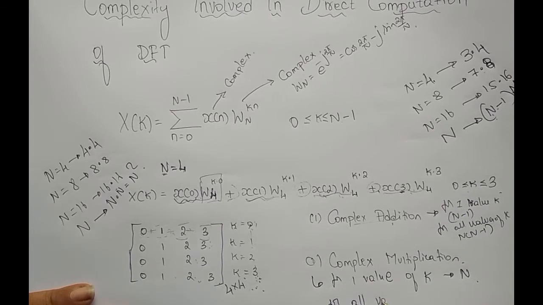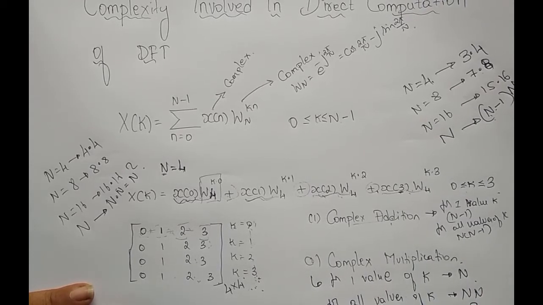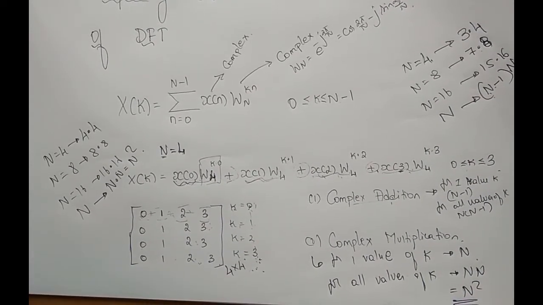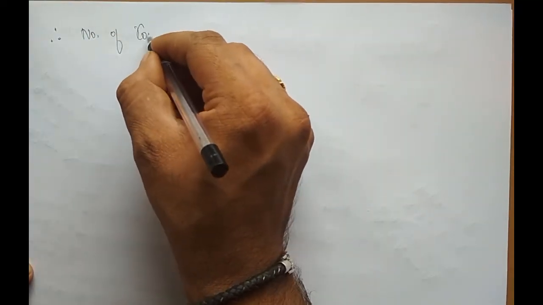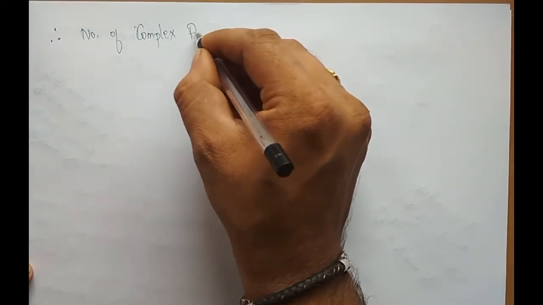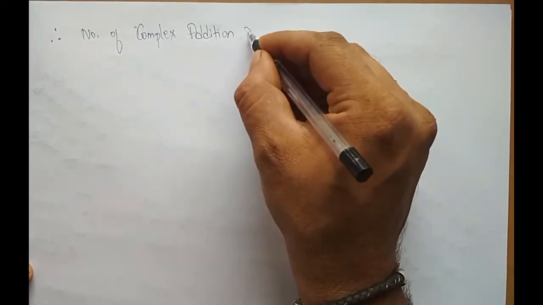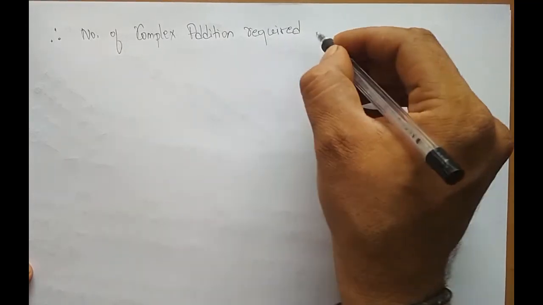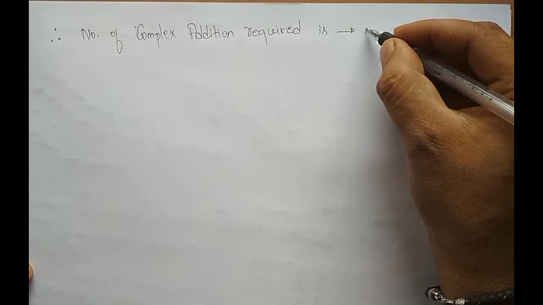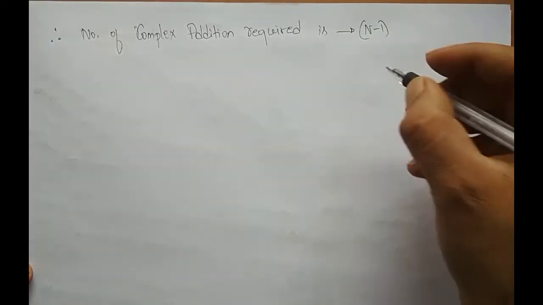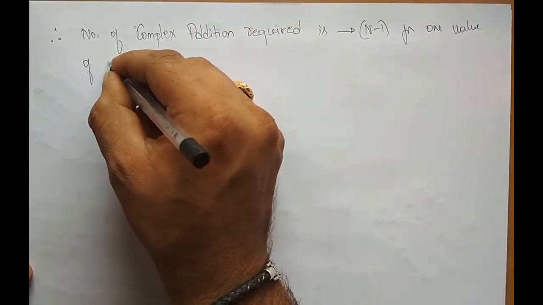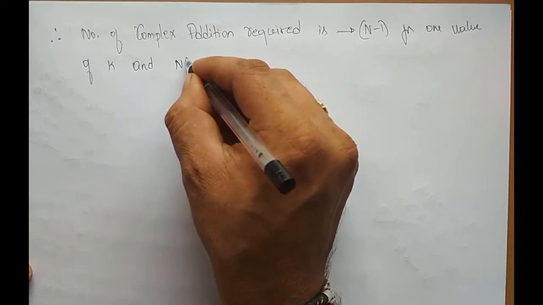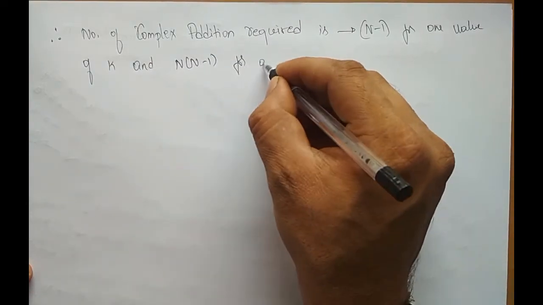For all values of k, it requires N times N, which is equal to N square complex multiplications. The number of complex additions required is N minus 1 for one value of k, and N times N minus 1 for all values of k.